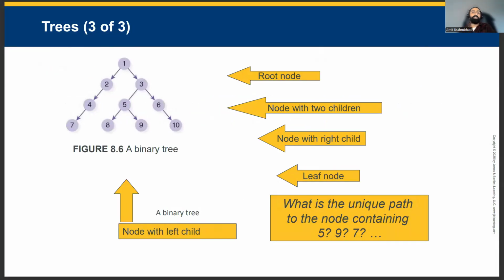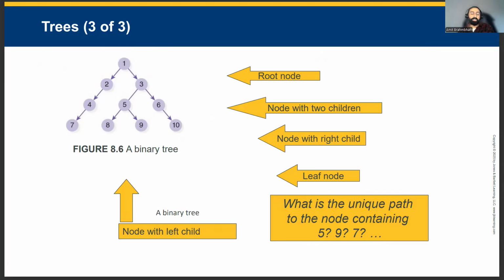This slide shows several kinds of nodes within a binary tree: the root node, internal nodes with different child configurations, and the leaf nodes that have no children. It also asks you to identify the unique path to various nodes, such as those containing 5, 9, or 7, highlighting that a binary tree's structure determines how you navigate it.